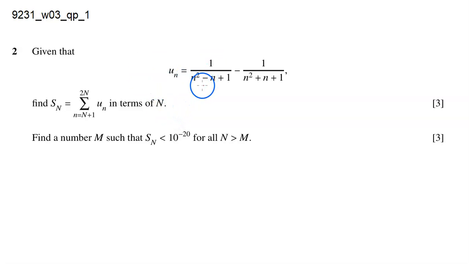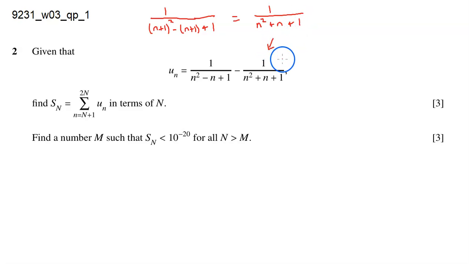Now, luckily for us, we studied our method of differences very carefully, and we can observe that 1 divided by n plus 1 squared minus n plus 1 plus 1 is equal to 1 divided by n squared plus 2n minus n, so that's plus n, and then plus 1 minus 1, so we don't have to worry about that, and then just plus 1 at the end, which is that one there.